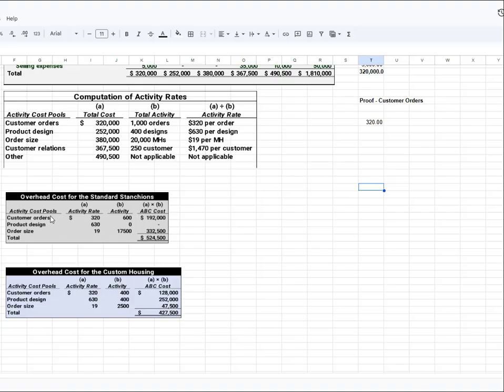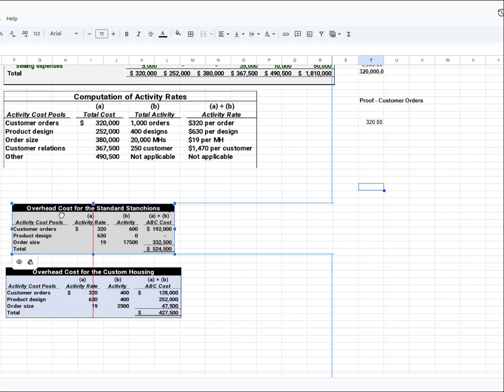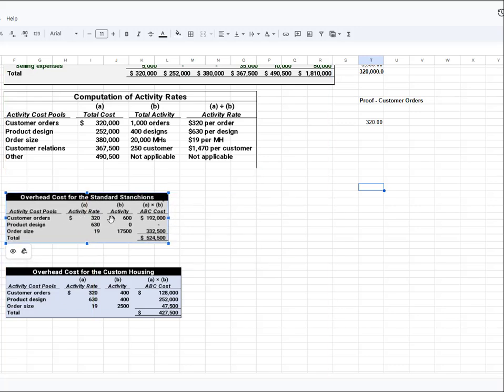All right, so on your left here, you have the total allocation for the standard stanchions. We'll walk through the activity, but right now they're saying, cool, thanks standard stanchions, you get 524,500. And custom housing, you get 427,500 of the total overhead costs associated to you. And why is that? Well, let's do a little bit of a proof. So I took the information, and we see that they had these types of activities, so they get these types of costs.